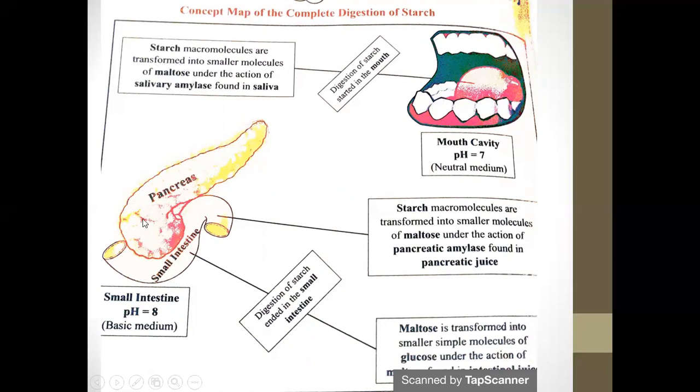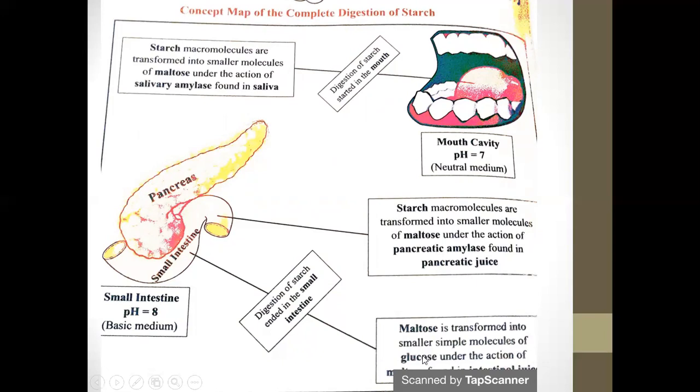Also, in the pancreas, the starch is going to be transformed into maltose by the action of the pancreatic amylase in the pancreatic juice. So here we have two juices, the saliva and the pancreatic juice, which contain enzymes like salivary amylase and the pancreatic amylase. They will transform the starch into maltose. This is the first stage.